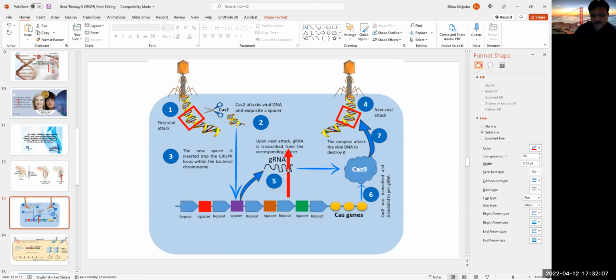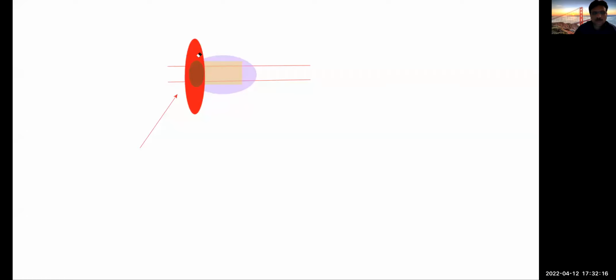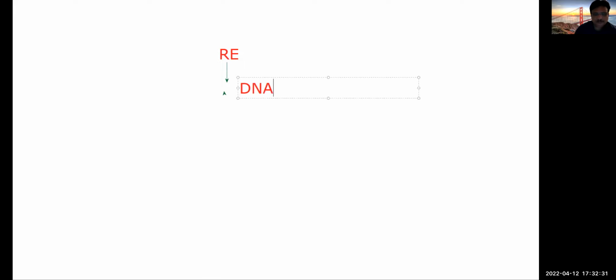Now, before I come to this slide, let me just give you a few concepts. We know that bacteria have restriction enzymes, right? These enzymes can cut at specific DNA sequences. Now you can ask me a question: while this restriction enzyme cuts the DNA, why doesn't it cut bacterial DNA?